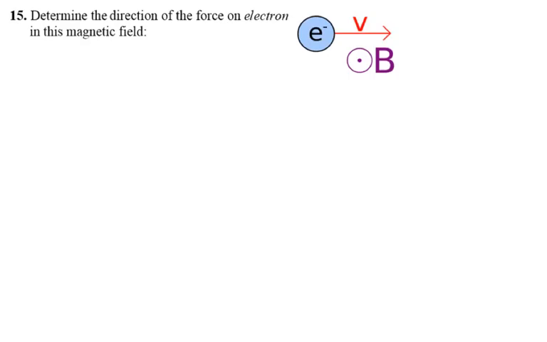Here in this question, we have to determine the direction of the force on an electron in the magnetic field. In this case, we have the magnetic field coming at you. So the magnetic field lines, you see the dots, are like this. And the electron, the negative charge, is flying in this direction.